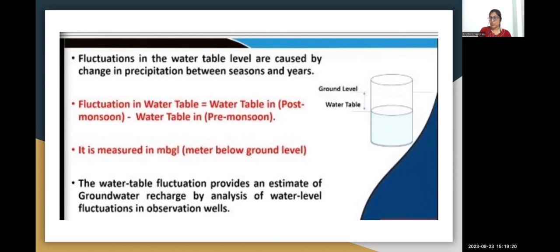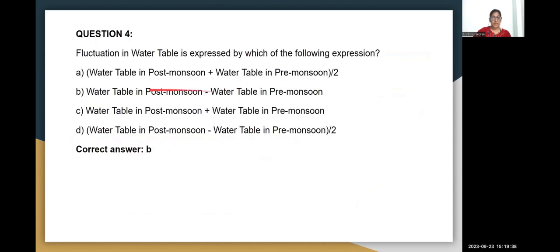Pre-monsoon season is the end of the month, just the time before the monsoon, so the water levels are going to be less. From that, we'll be able to understand how much water accumulation has happened. It is usually measured in meters below ground level. So the correct answer for this would be water table in post-monsoon minus water table in pre-monsoon season.